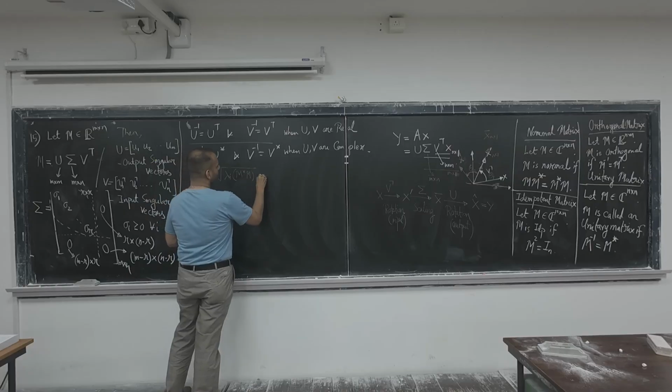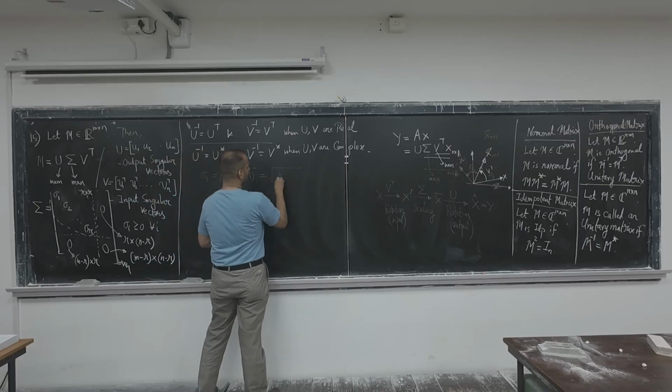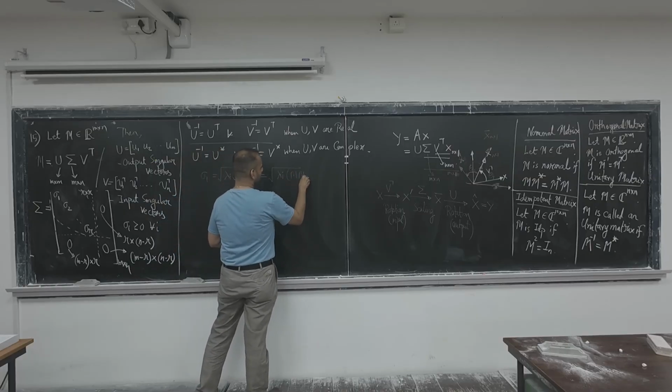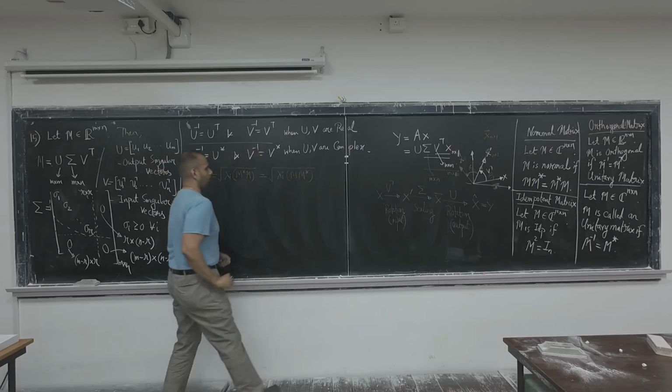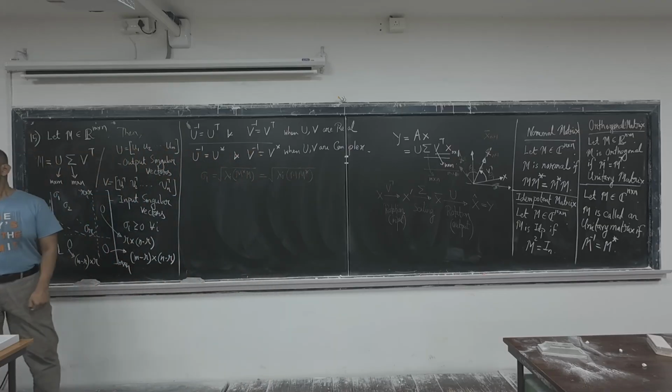M star M is the same as square root of lambda I M star. That is the relation they wrote.